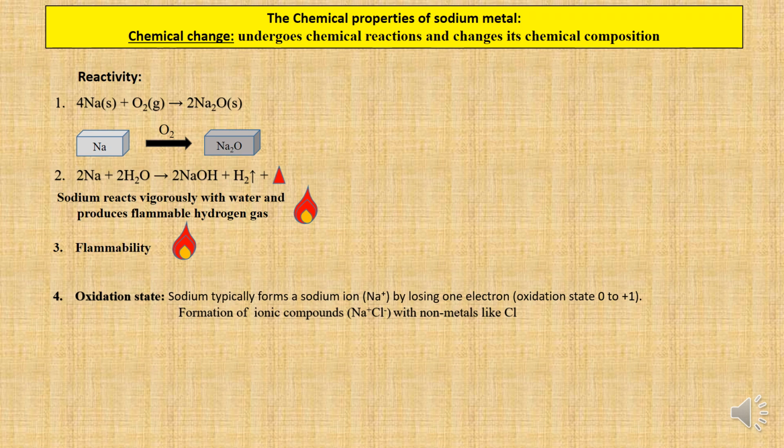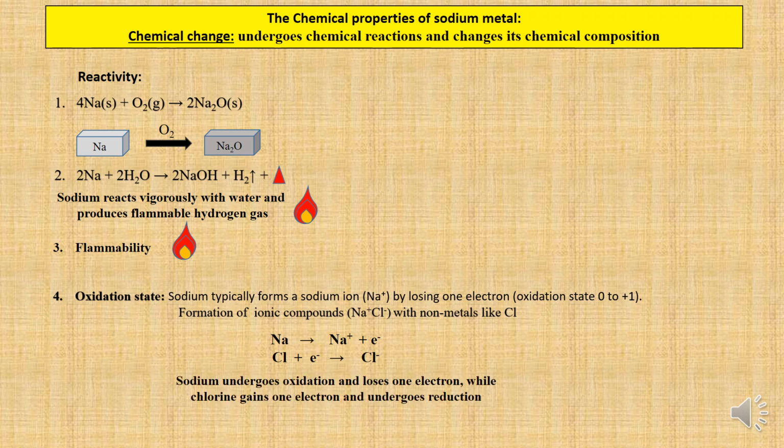And talking about its oxidation state, sodium typically forms a sodium ion by losing one electron, with change in oxidation state from 0 to +1. An example is the formation of ionic compounds like sodium chloride on reacting with non-metals like chlorine. So sodium undergoes oxidation and loses one electron, while chlorine gains one electron and undergoes reduction.